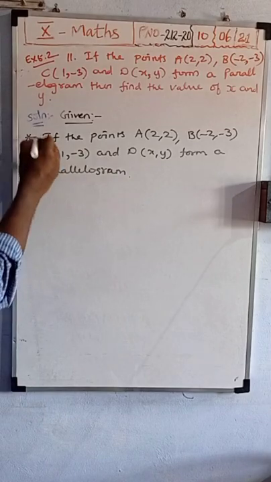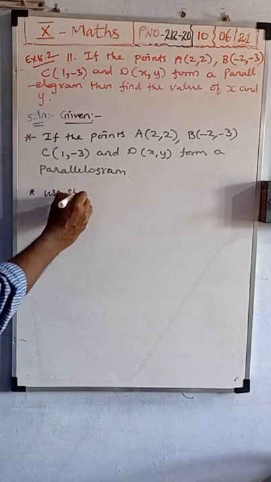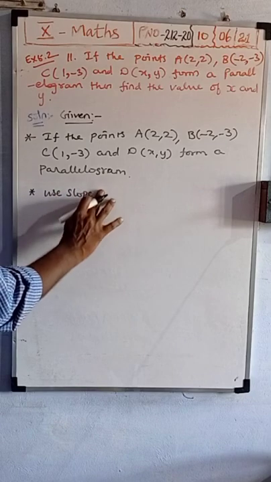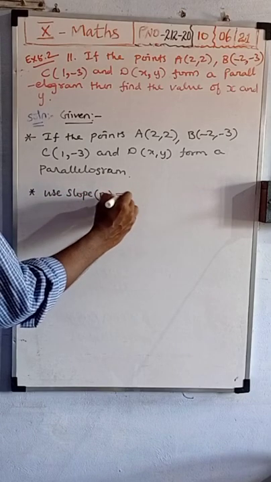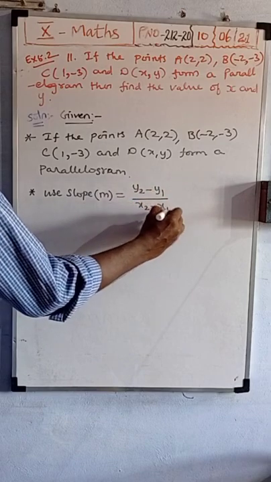Use the slope formula: slope m is equal to y2 minus y1 by x2 minus x1.